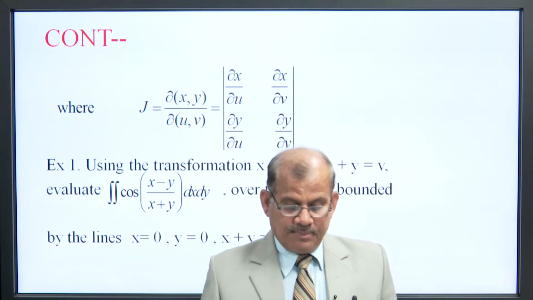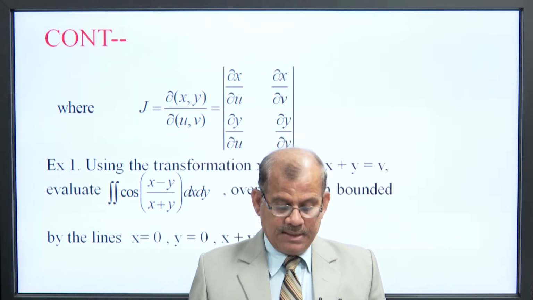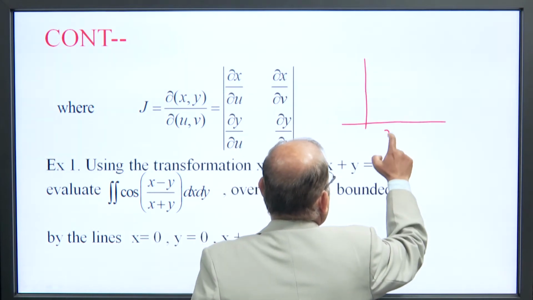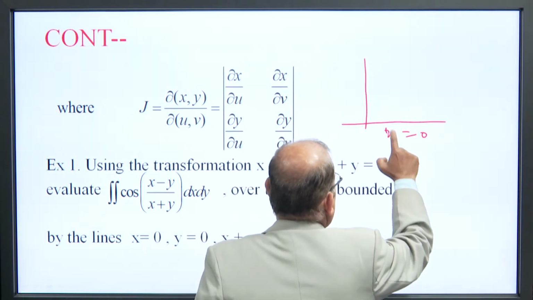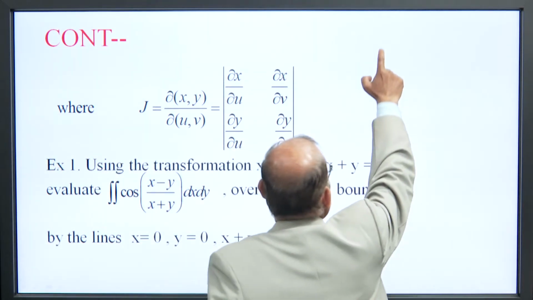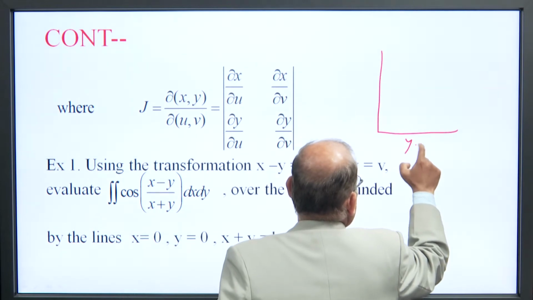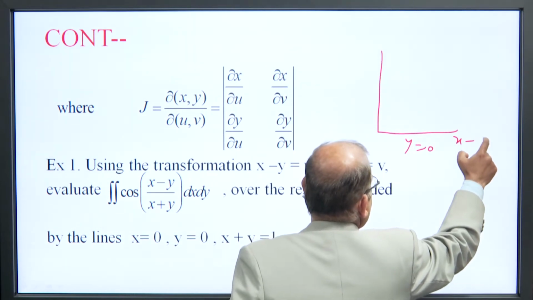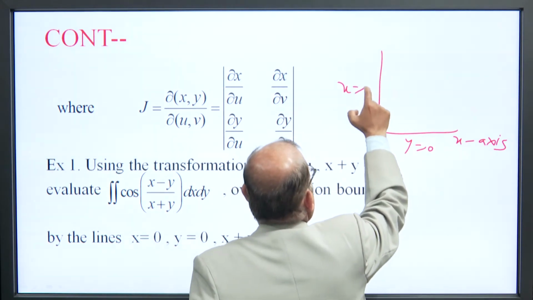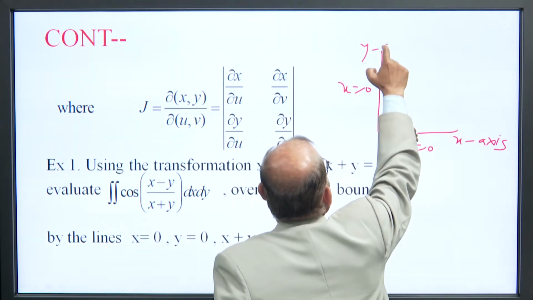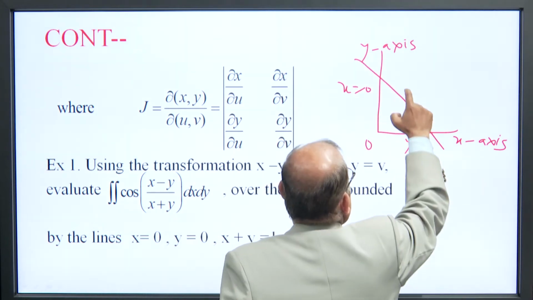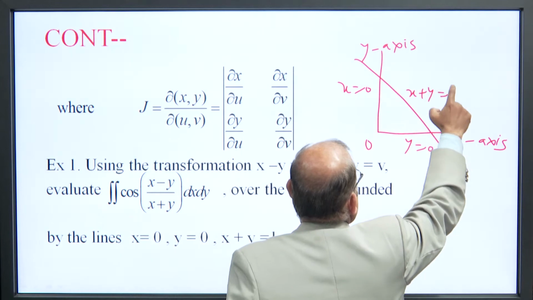Means the region: y is equal to 0 means the x axis, x is equal to 0 means the y axis, this is the origin, and x plus y is equal to 1.